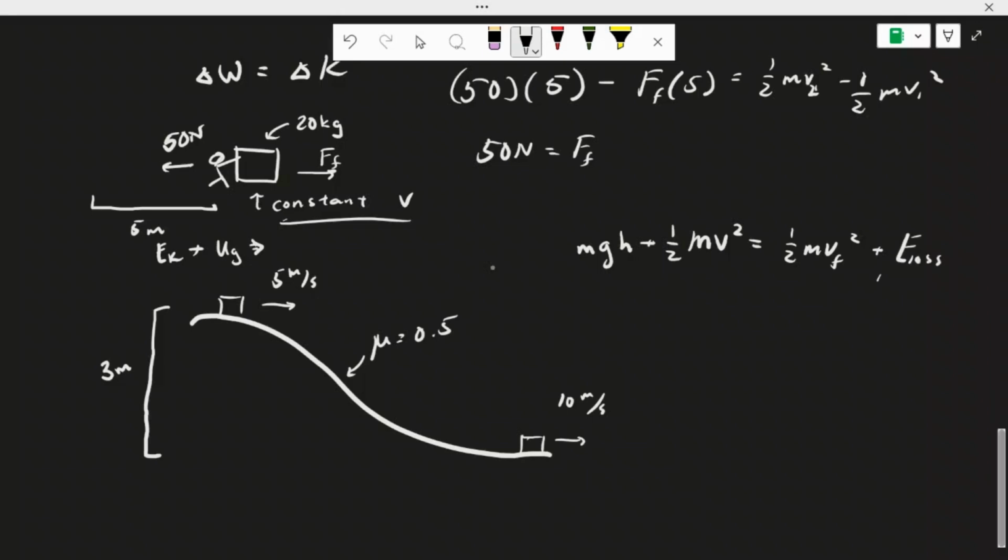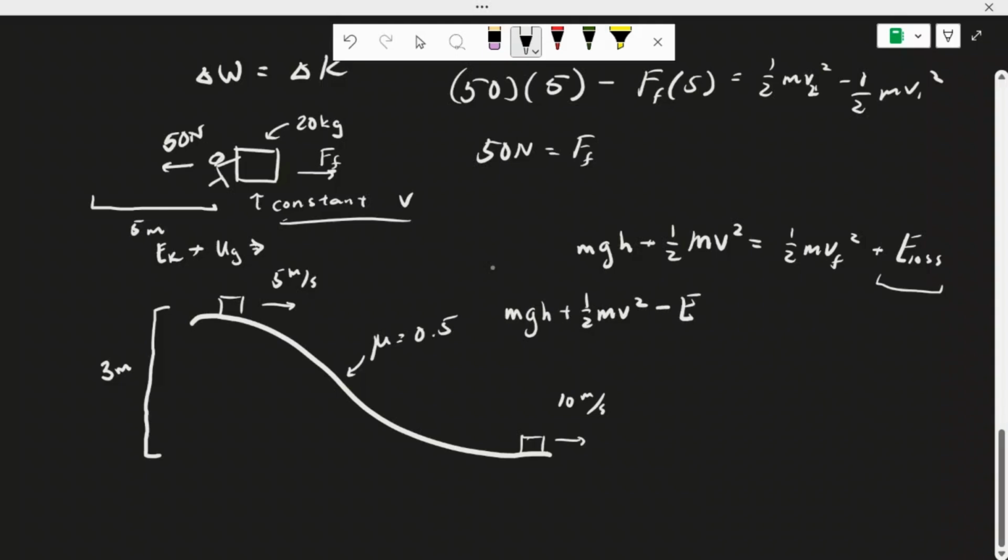The reason I add the loss here is because I know the total needs to be related to the beginning, but it should be less for this one portion, so therefore this has to be added on. And all the energy should add up to be what we got at the beginning. If you want to think about it a different way, and you want your E loss to be how much has been taken away, you can always do mgh plus 1/2 mv squared, minus the energy loss, is equal to 1/2 mv final squared.